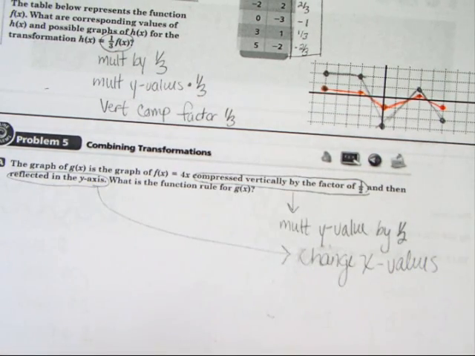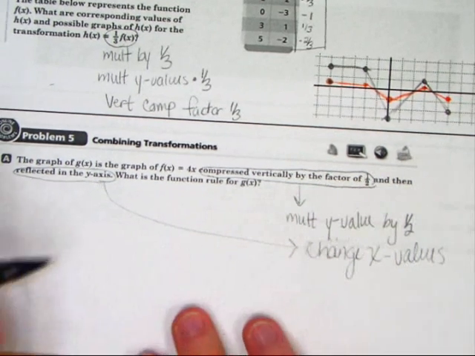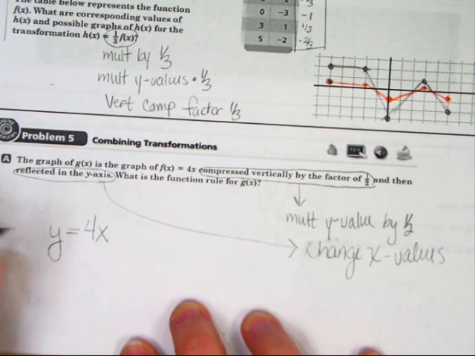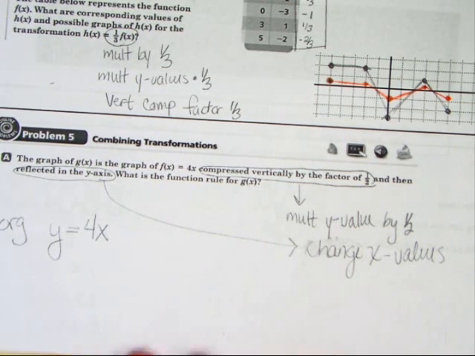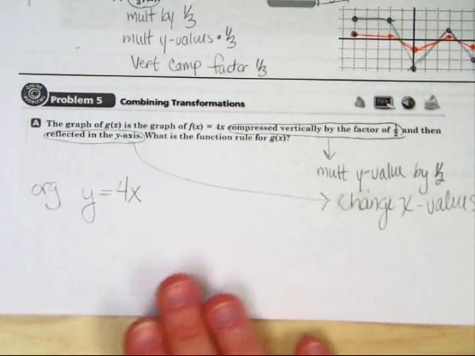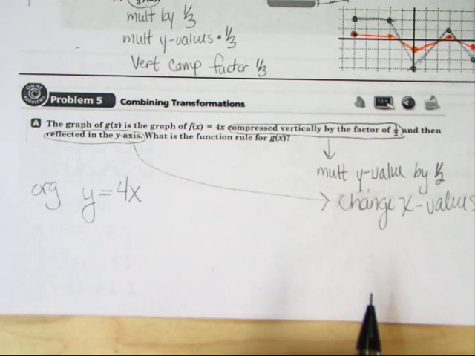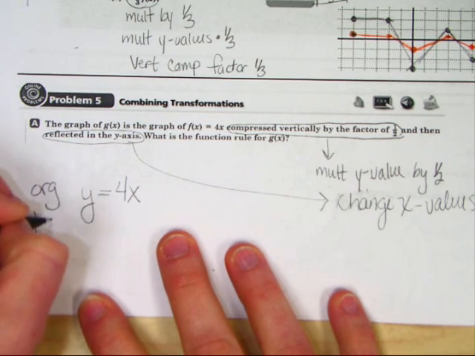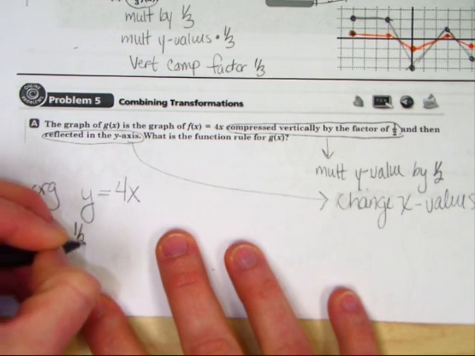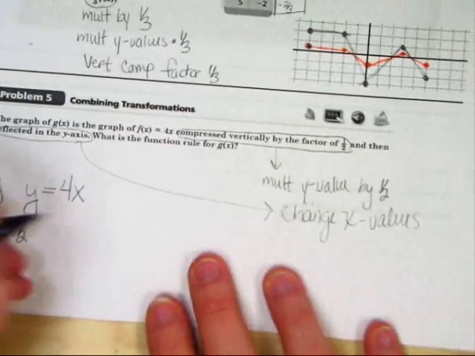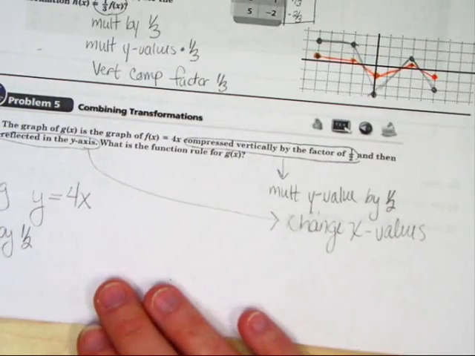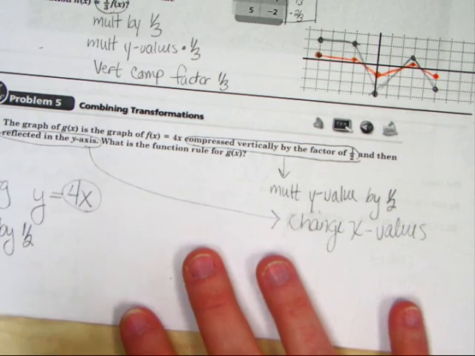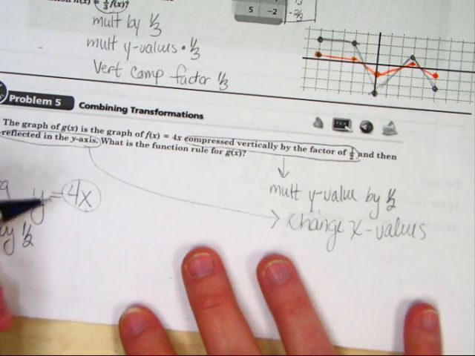Alright, let's go ahead and apply that. So we have y equals 4x as the original. Now what they want us to do here is multiply by 1/2. So what is half of y? Well, half of y is half of this.